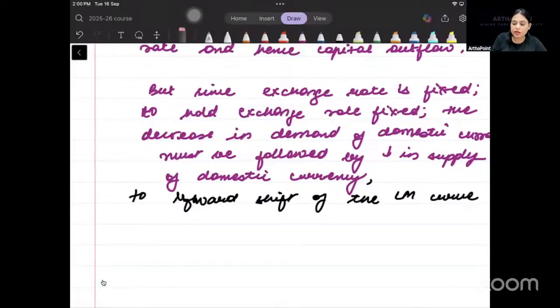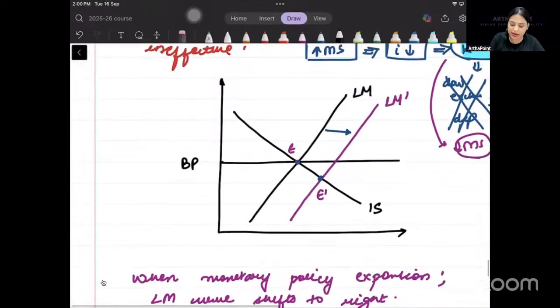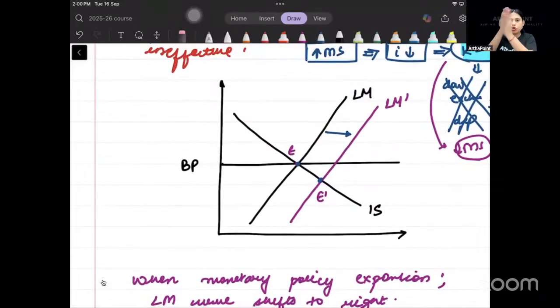Is it clear? So now the LM curve has shifted backwards. The LM curve that had shifted rightward, we shift backwards. And therefore we reach back the original equilibrium E.